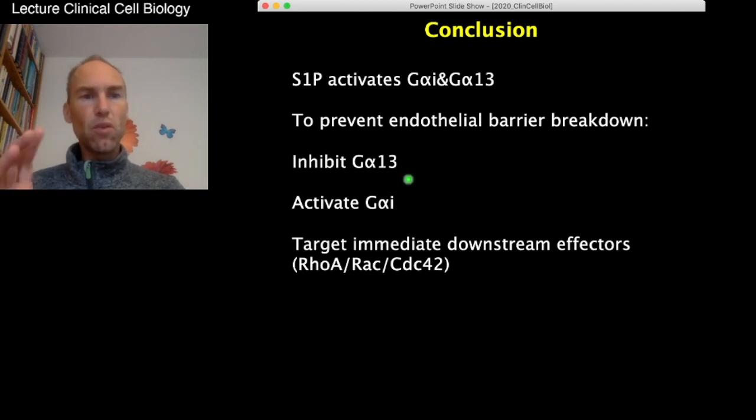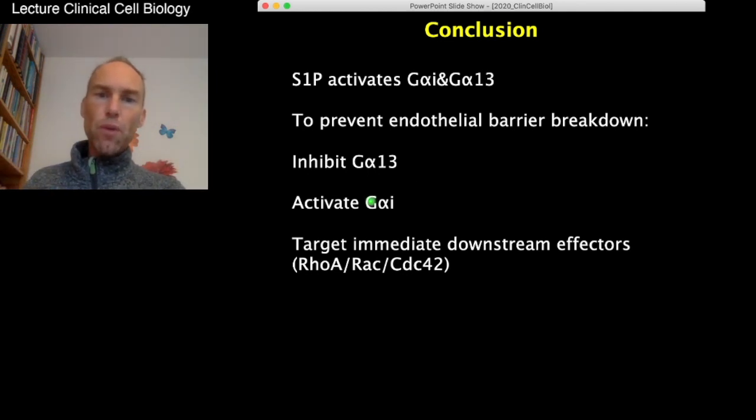So there are basically two components that we can start to tweak. And of course, there are also opportunities when we identify all the downstream effectors, so the Rho GTPases and the components that activate the Rho GTPases, to tune those and to further be able to control this barrier activity.